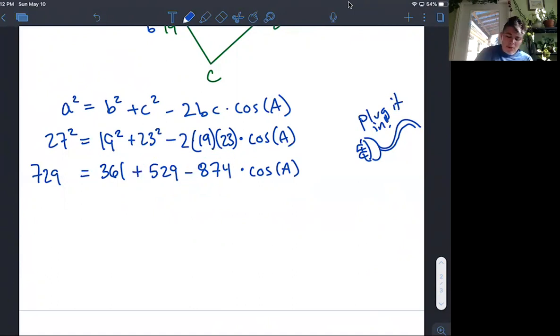I'm going to add those two together: 361 plus 529, 890 minus 874 times the cosine of A.